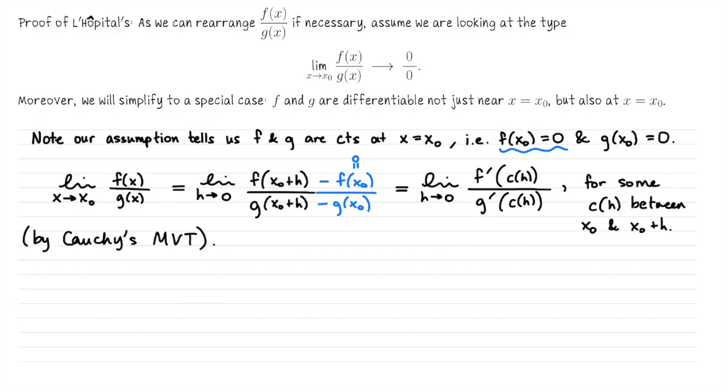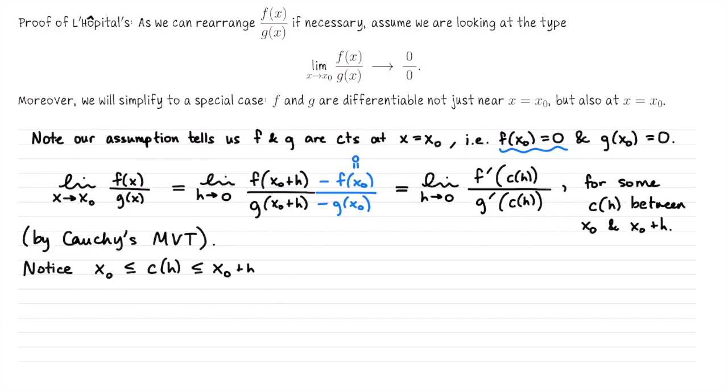Now what happens as h goes to 0? c of h lives between x naught and x naught plus h. So as h goes to 0, x naught plus h is squeezed to x naught, so c of h will be squeezed to x naught. To make this precise, notice we're either approaching 0 from the left or right. So let's say x naught is less than or equal to c of h is less than or equal to x naught plus h.